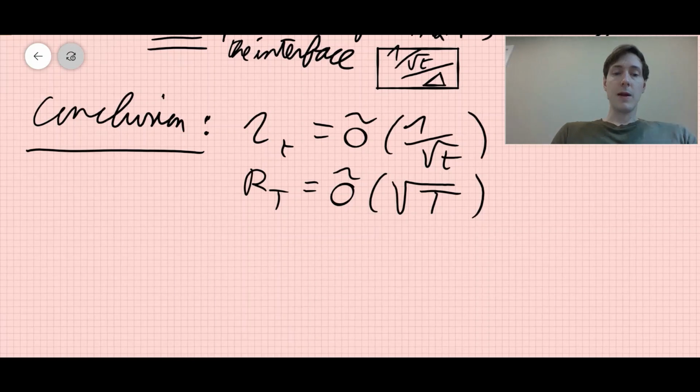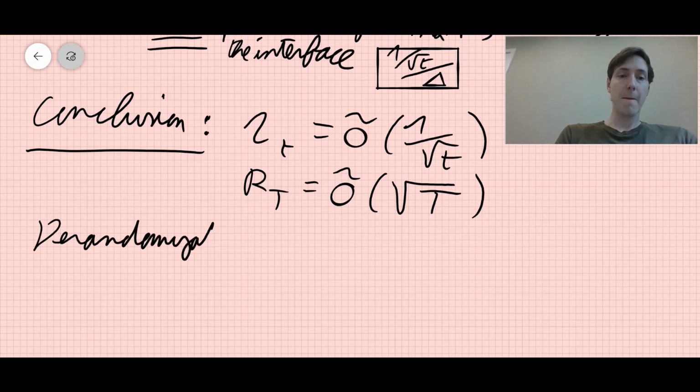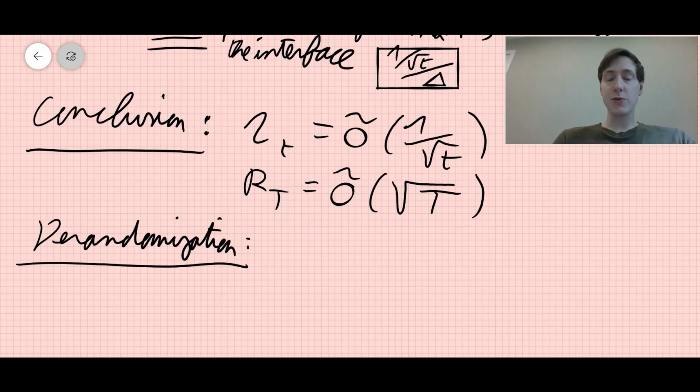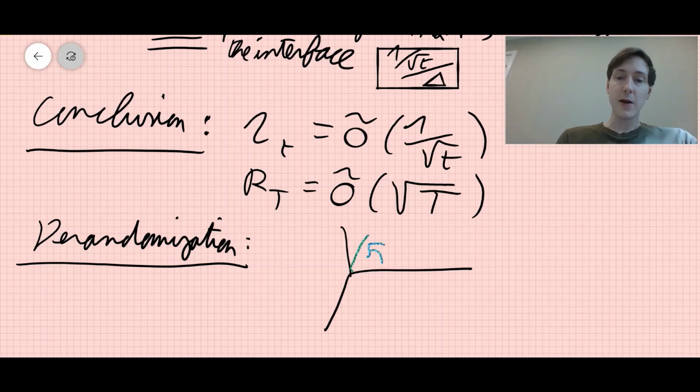Now you can de-randomize this strategy. So the de-randomization is simply to make the interface dynamic. So instead of having this random angle theta, you can have an angle theta that depends on time t.